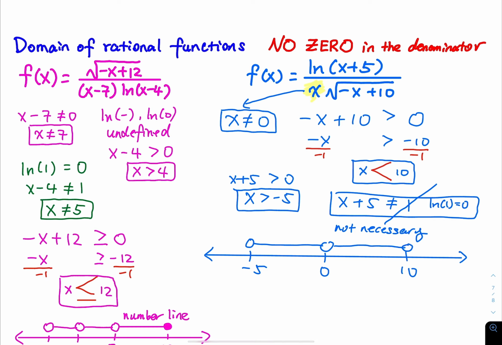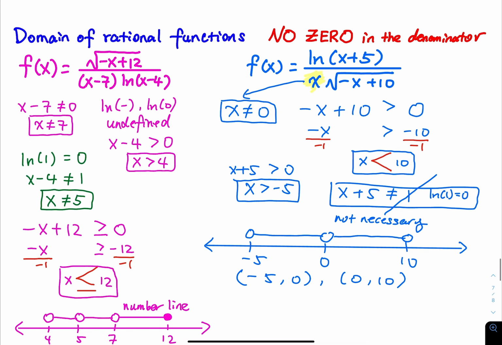We are not including any one of them. So this will be from negative 5 to 0, and then from 0 to 10. How about the inequality? That will be negative 5 less than x less than 0, and then 0 less than x less than 10. So I include the number line, the interval, and the inequality.